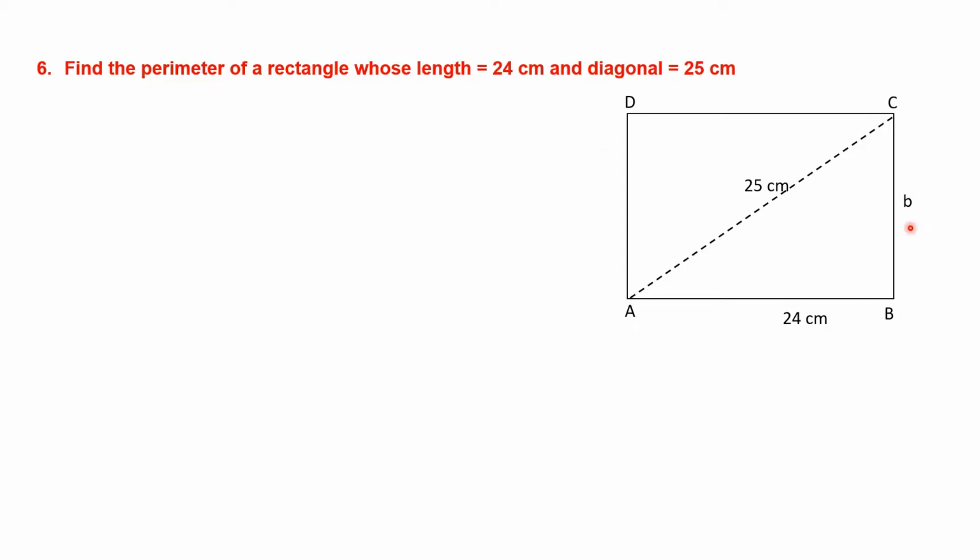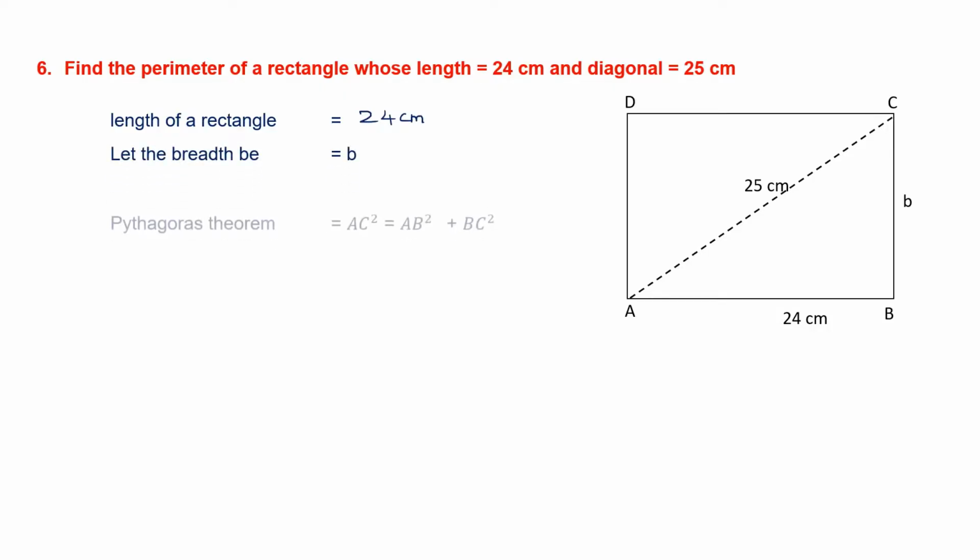So first we need to find the breadth and then we can find the perimeter. So let's begin. So here length of the rectangle given to us is 24 centimeters. It's already given in the question. Then let the breadth be B. Now according to the Pythagoras theorem, the diagonal, that is the hypotenuse of this triangle, AC square is equal to AB square plus BC square.